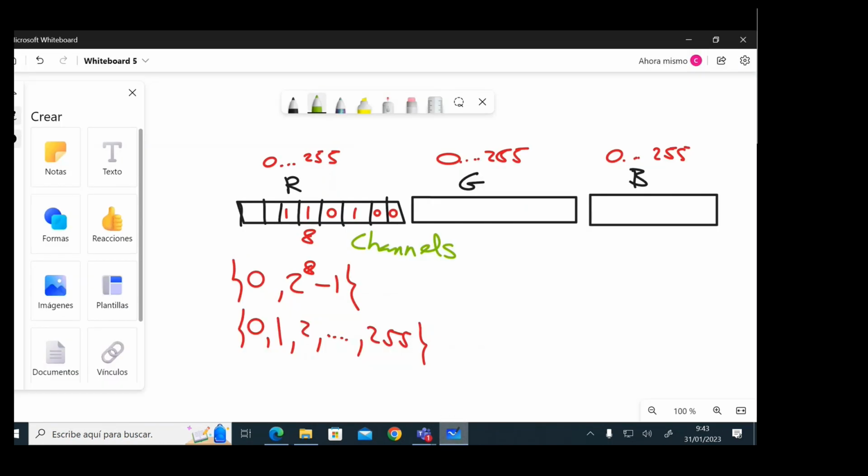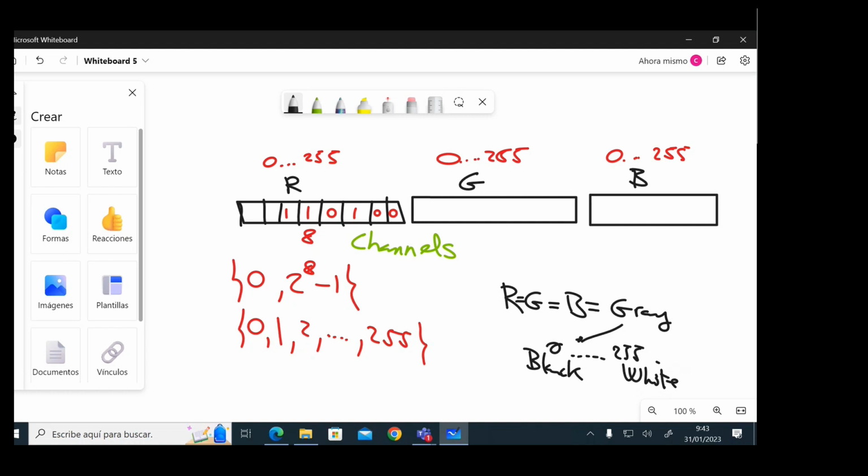If you make the three channels the same, R equal G equal B, then what you have is gray. So you go from 0 to 255. This is black. This is white.